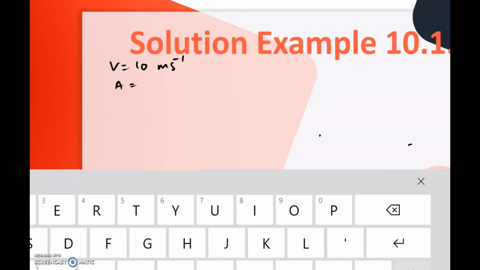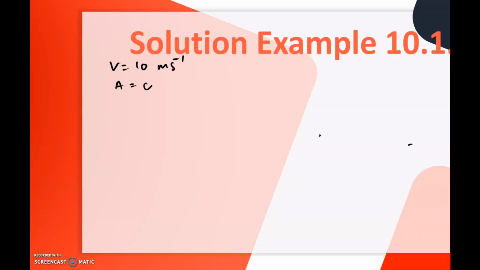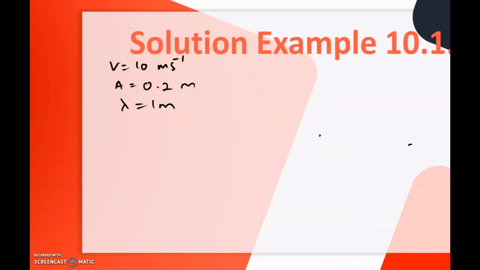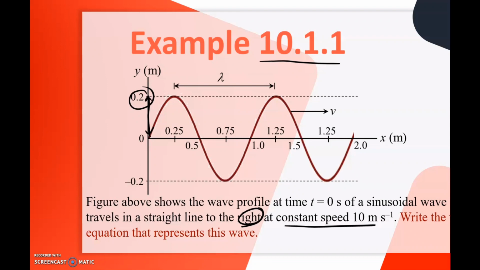So we have v equal to 10 meters per second, the amplitude is 0.2 meters, and lambda equal to 1 meter. The amplitude here is 0.2 meters, and our lambda is from equilibrium to here, which is 1 wavelength.